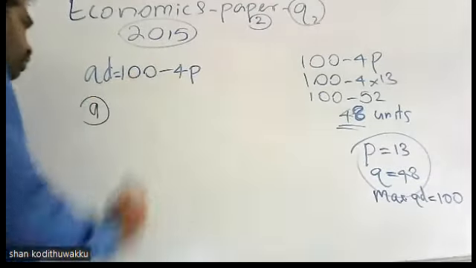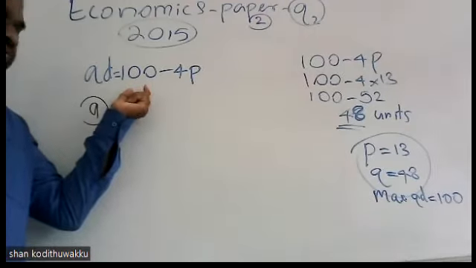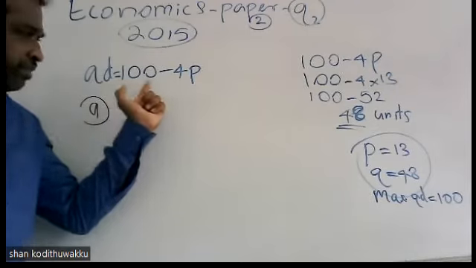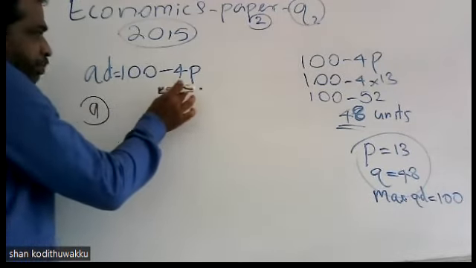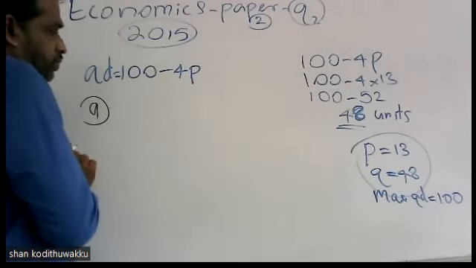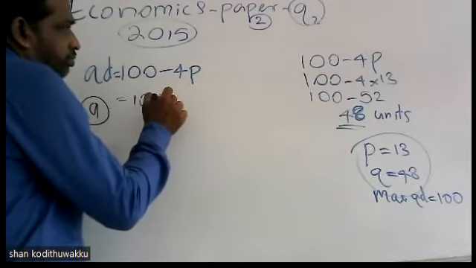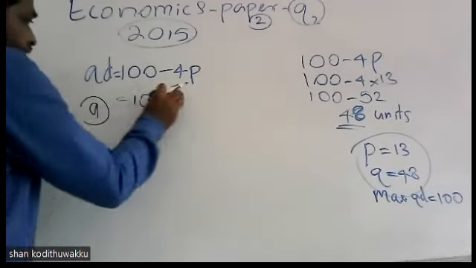When you consider the demand equation, A minus BP, A equal to maximum quantity demanded. Then you can find the maximum price by applying it in the equation.